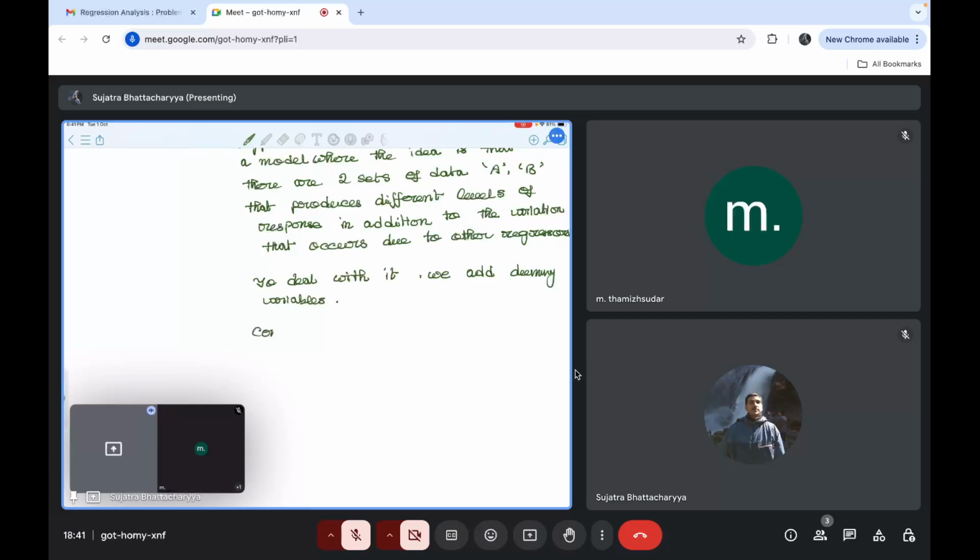Let us consider a simple model with one regressor variable x and one dummy variable z.